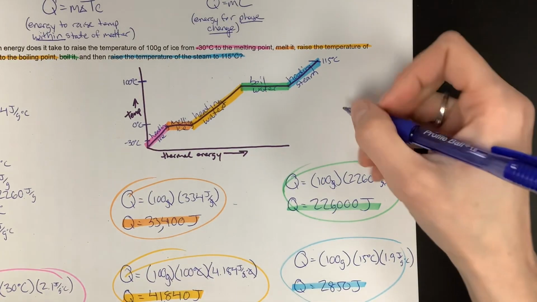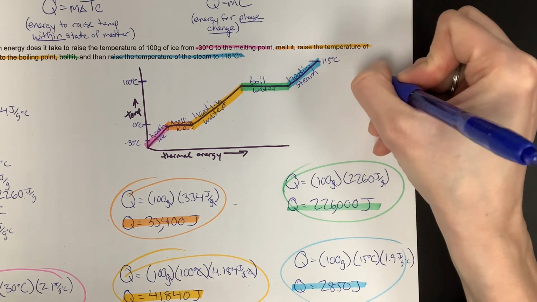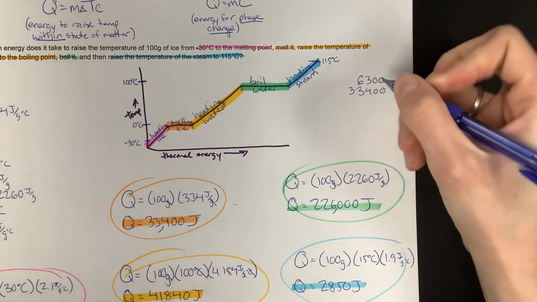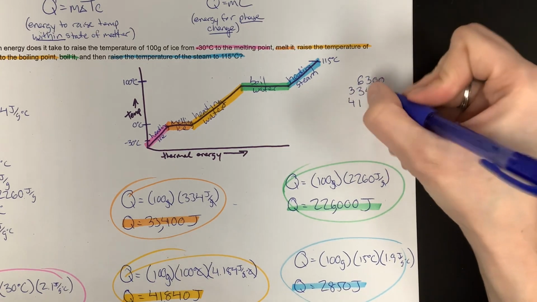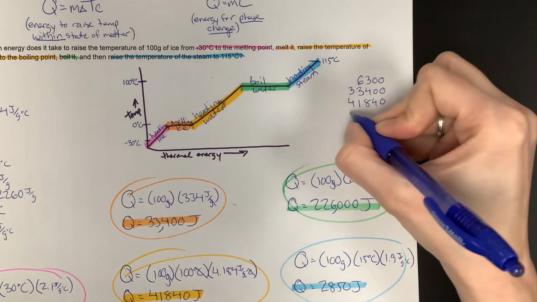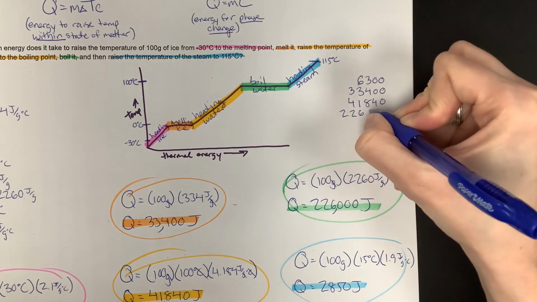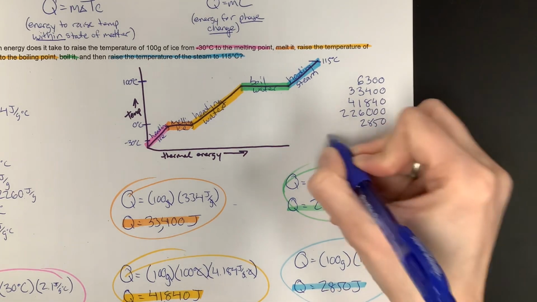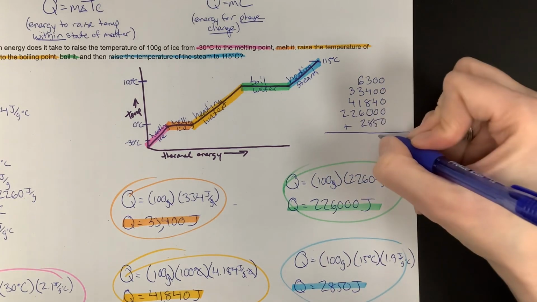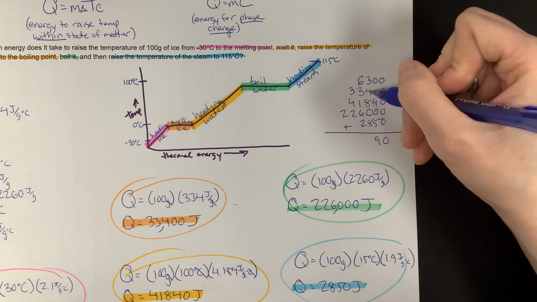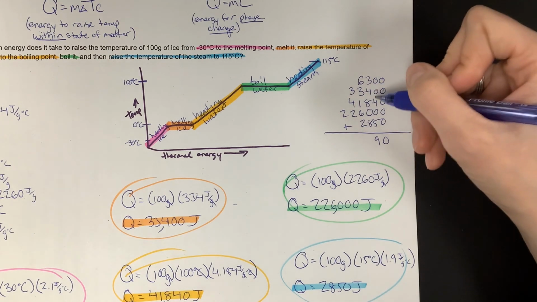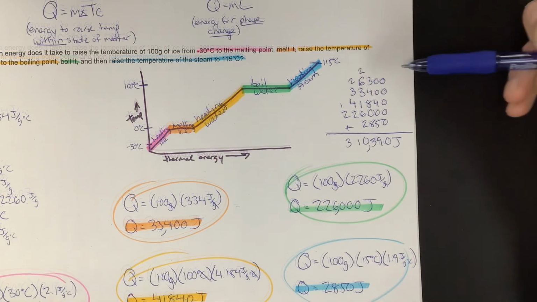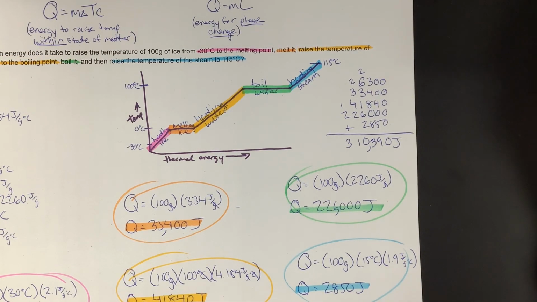So if I list those, I'm going to end up with, add all those together. And there are all 5 of those steps added together.